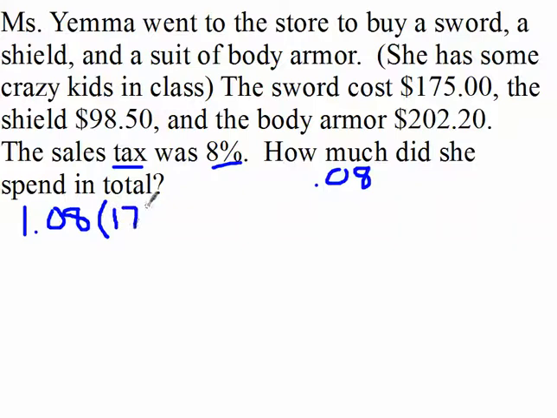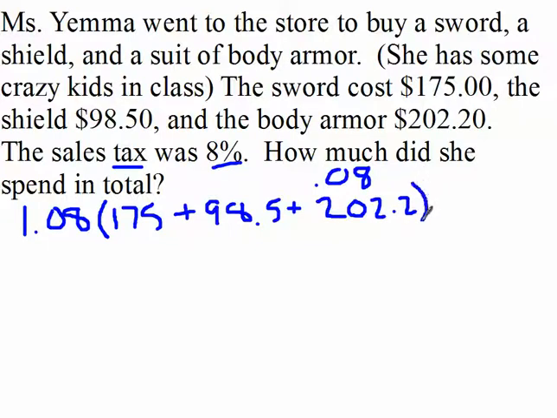So 175 plus 98.50 plus 202.20. Add these up first because it's on the side, and then multiply by this, and that will give you your answer.